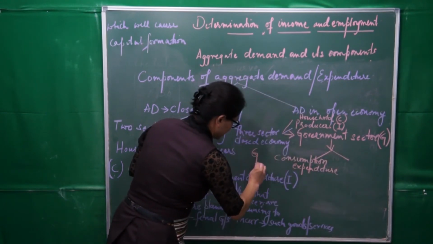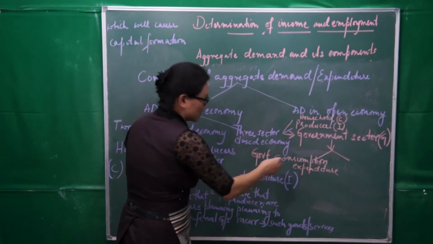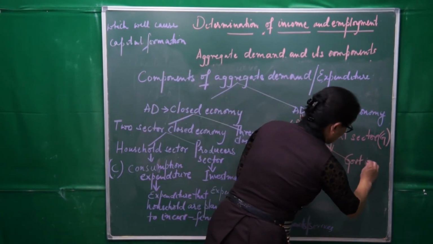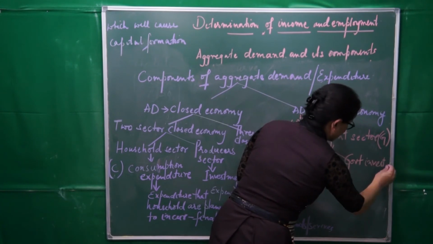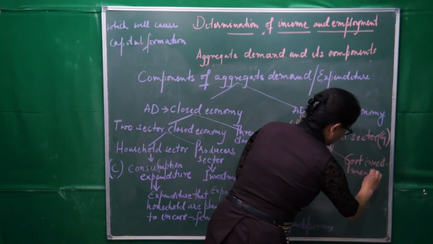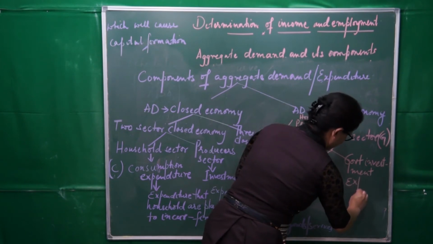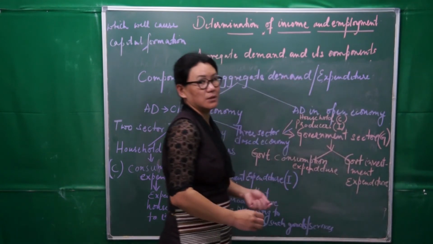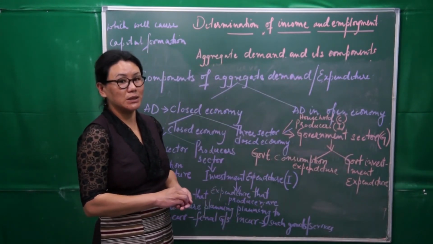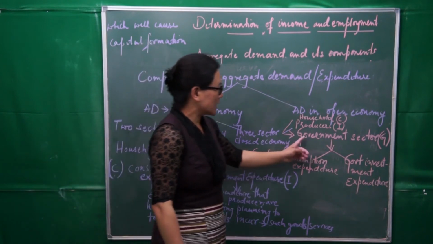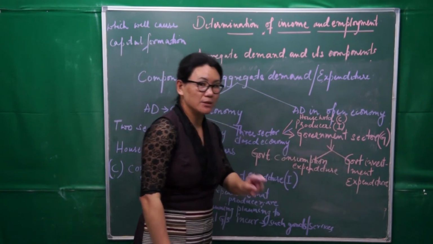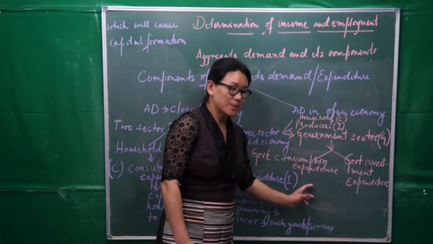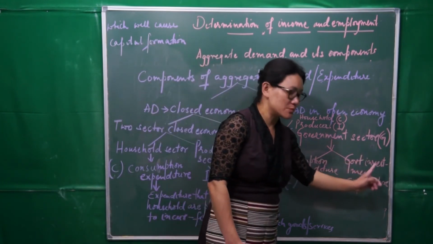We'll write here government consumption expenditure and government investment expenditure. Again, this is a planned expenditure made by the government. Okay, so see here, government expenditure comprises of two types of expenditure. First one is government consumption expenditure. Another one is government investment expenditure.